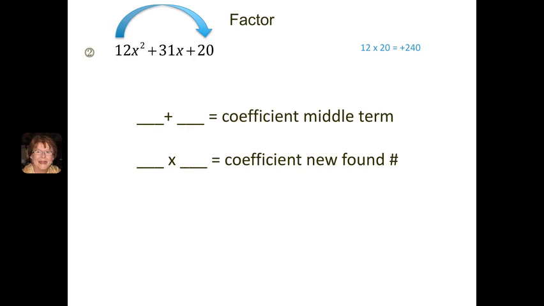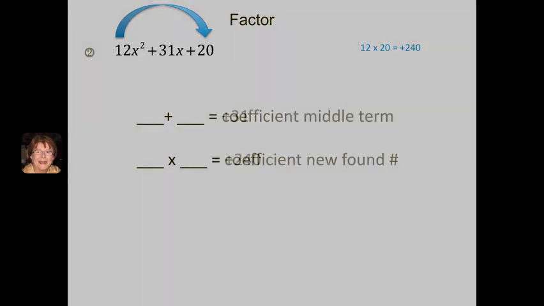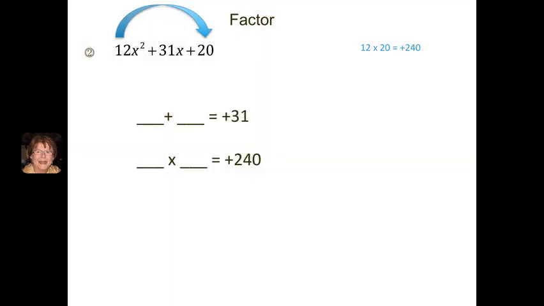Now this is where that calculator activity that I provided in the previous voice thread will help you, because our numbers are larger. So two numbers that when multiplied together give you positive 240, and when added give you positive 31. Take out that calculator, divide 240 by 1, divide 240 by 2, etc., until you find the correct combination.